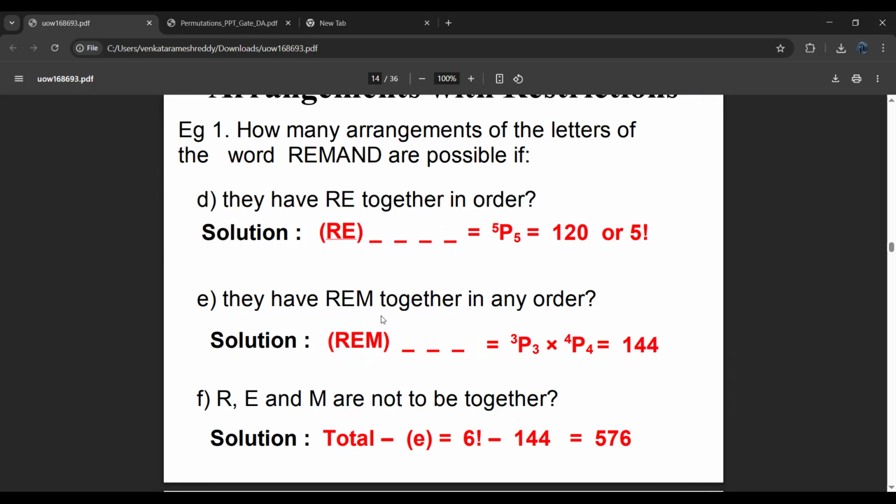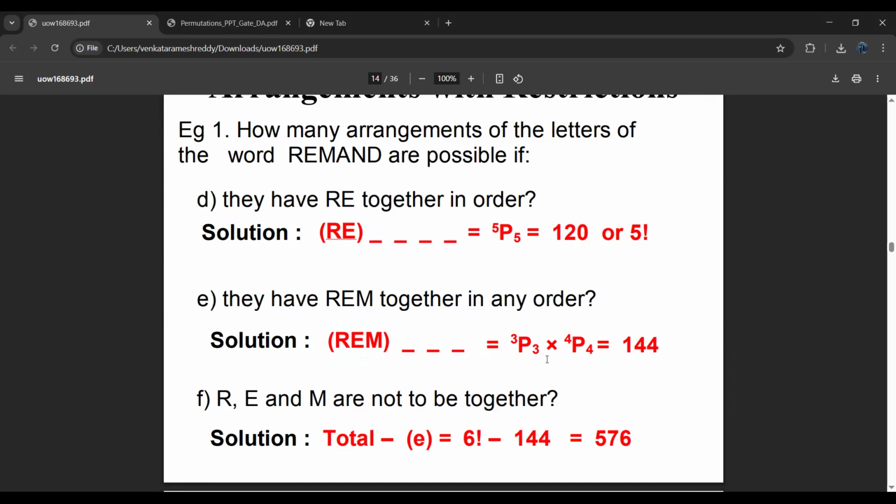Next, they have REM together in any order. It means REM together, and in any order we can arrange it, like RME or MER, like that. For this REM, 3 factorial arrangements are possible.